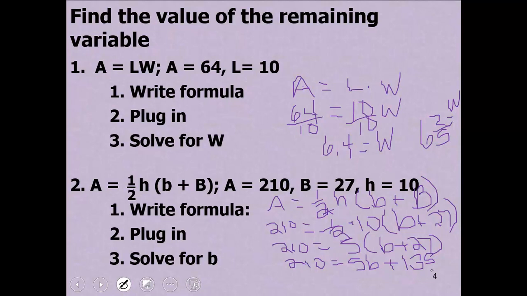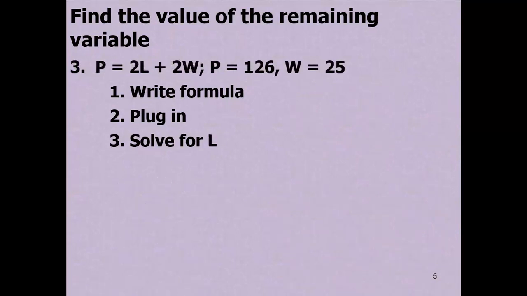Then I'm going to subtract 135, and that gives me 75 is equal to 5b. And then I'm going to divide by 5, and b is equal to 15. Okay? It's just plugging in what you're given and then simplifying to get that variable all by itself. Why don't you hit the pause button, try this one, and come back and see if you got it right.